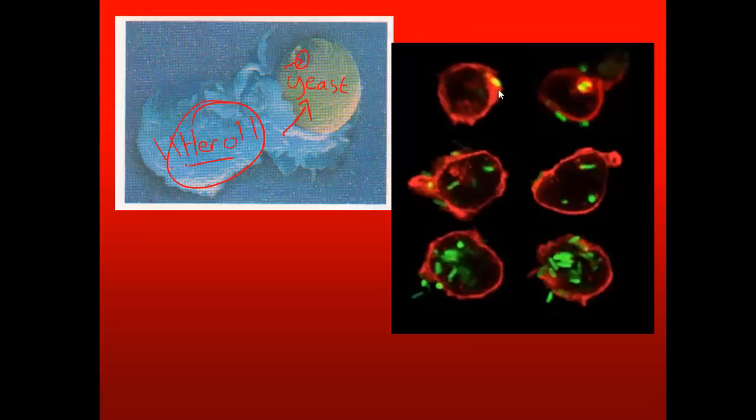And over here on this image, this is just a favourite of mine. The bacteria have been labelled with an antibody with a fluorescent tag on it. So we can see where the bacteria are, and we can also see the phagocyte cell membrane has been labelled with a different coloured fluorescent tag.